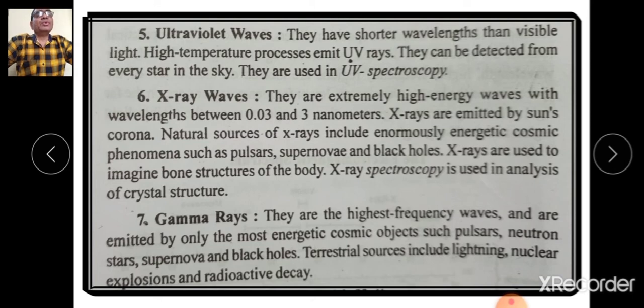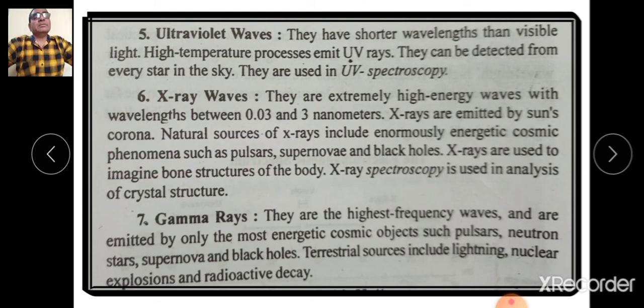The X-rays are used to image the fractures of bones in the body. Their use in the spectroscopy is in the X-ray spectroscopy for the analysis of crystal structure.